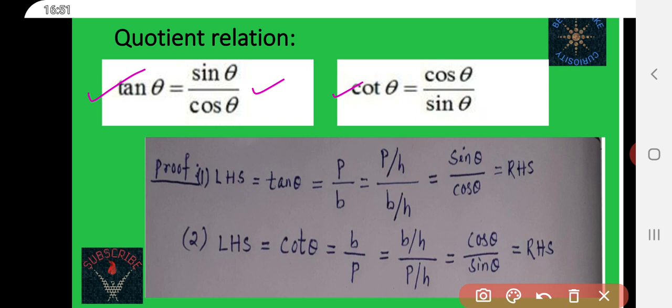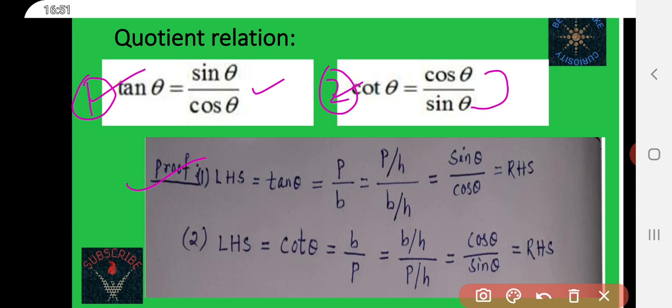They are reciprocal: here sin theta by cos theta, here the inverse of it, that is cos theta by sin theta. This is called quotient relation. Okay, proof of them. First one, this is the first relation of the quotient relation.